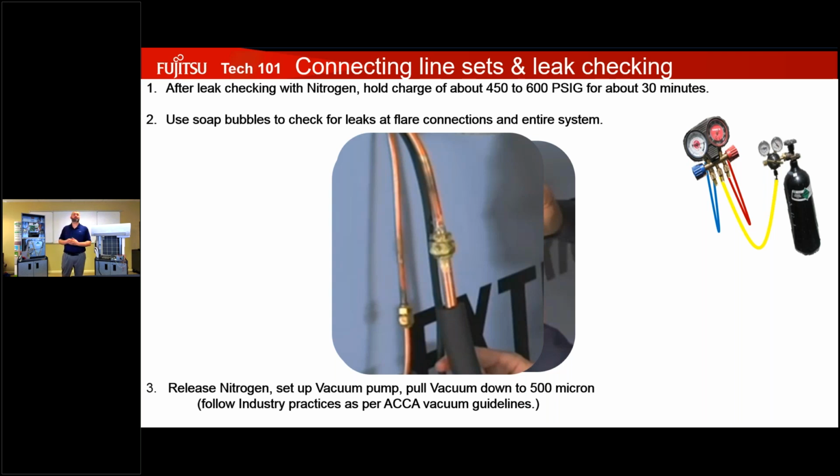We want to make sure that we are not leaving anything within the system that could affect how they operate. That includes moisture. So once we get that 500 microns to hold for 15 minutes, we are good to go. Now we can disconnect our gauges, we can disconnect our pump, and we can open our valves.